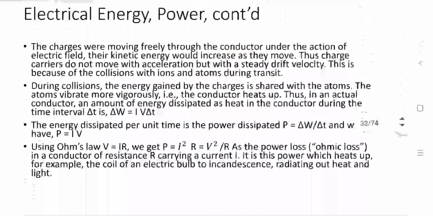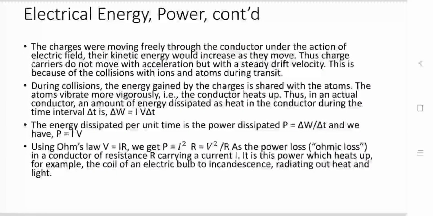Now the charges were moving freely through the conductor under the action of an external field. Now if we are providing an external field, their kinetic energy increases. So charge carriers do not move with acceleration, but they move with drift velocity, because as the external field is available there is a difference in their speed.